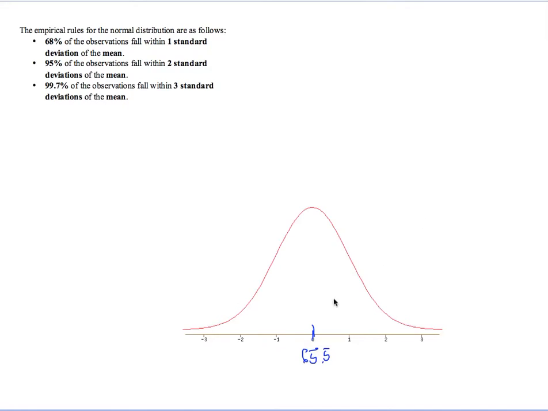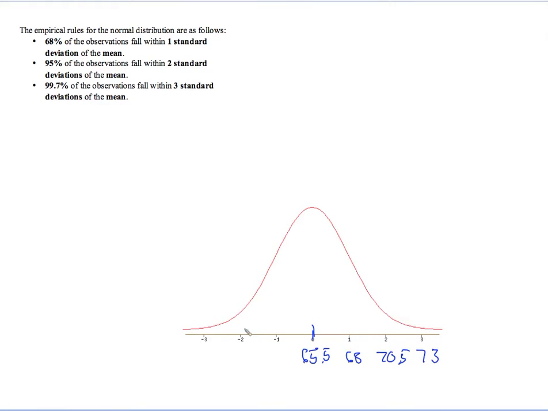Now, standard deviation of 2.5. So let's do the math here. If this is one standard deviation above, I'm going to add 2.5 to get to that. And I get 65, 66, 67, 68. So if you had a height of 68 inches, add another 2.5, and you get 70.5, and then you add another 2.5, and you get 73.